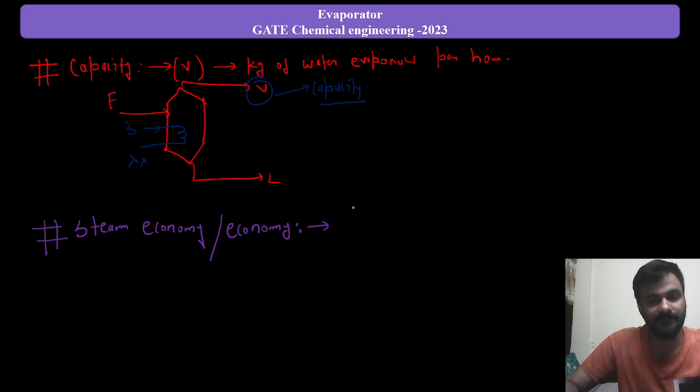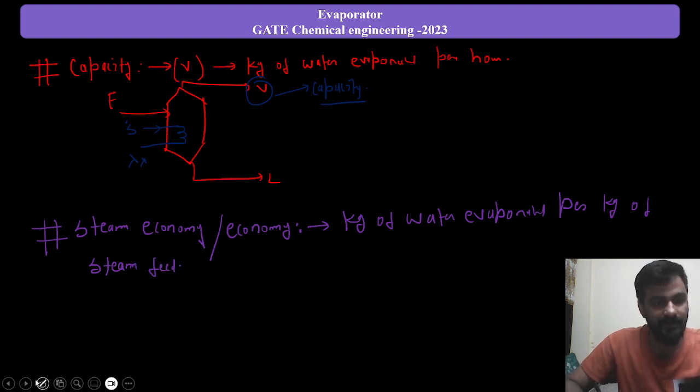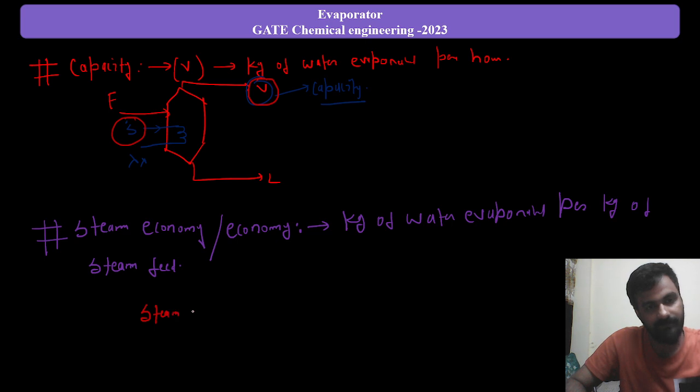It is defined as kg of water evaporated per kg of steam feed, right? So here, my dear student, you can see that steam feed is S and kg of water evaporated is V. So can I write that our steam economy equals, my dear student, V upon S, right?